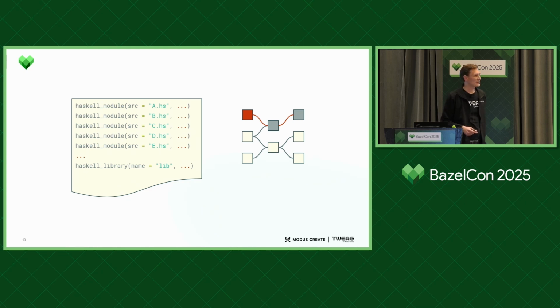But in C++, you don't have the issue, because if you have a cc_library target that has 100 .c files as sources, you can compile those independently. And if you change one of them, you're not going to invalidate the other ones. Whereas in Haskell, you might. If you have a Haskell library target with 100 modules in it, and you change one of them, and then you have to rebuild the other 99, that's not so nice.